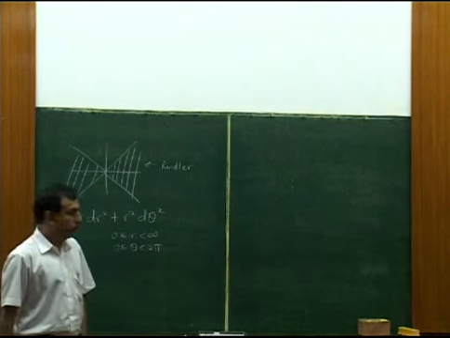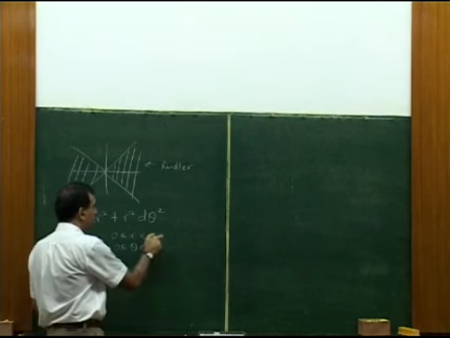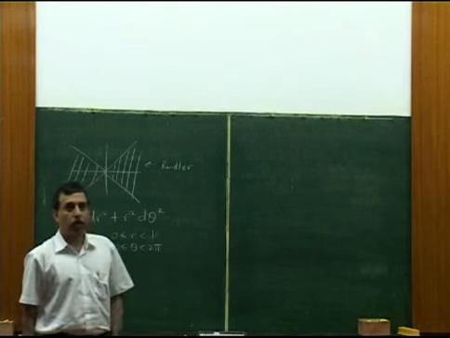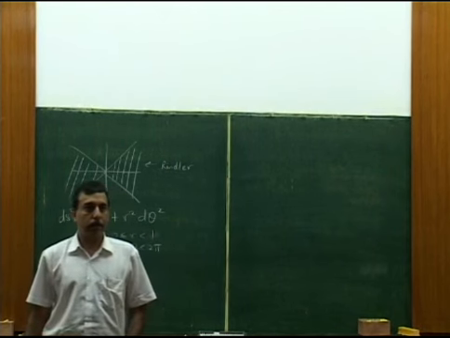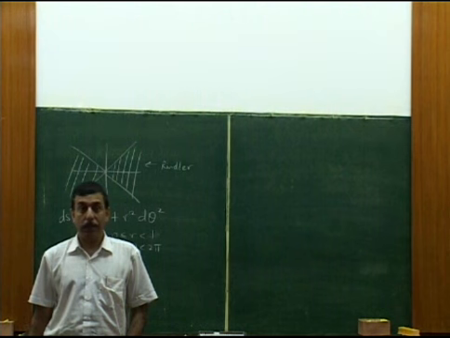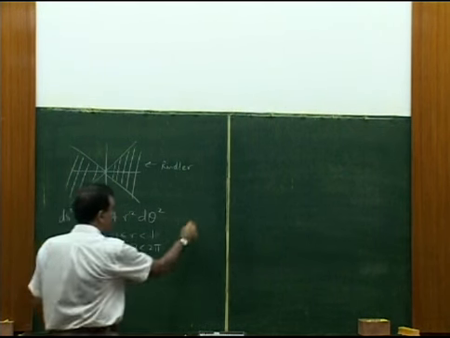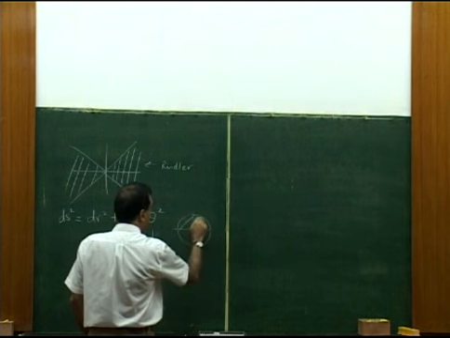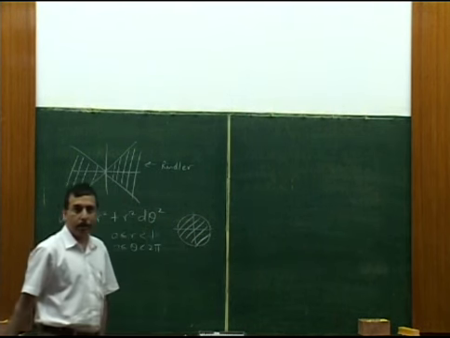Supposing I feel like changing this to 1, what would I get? The region interior to the circle of this one. It's called a disk, right? The region inside the circle. This region is called a disk.